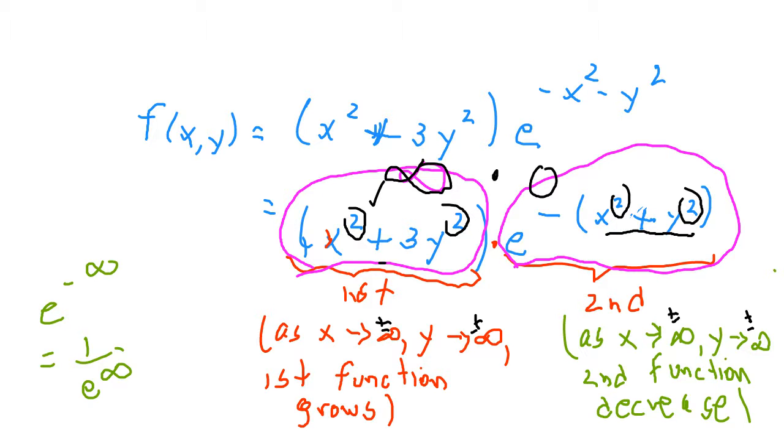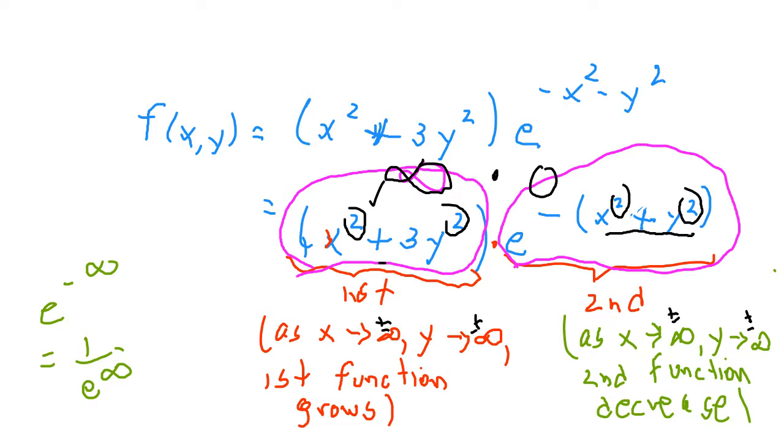Will the first function grow to infinity faster than the exponential function decreases to 0, or will the exponential function decrease to 0 more quickly than the first function goes to infinity? Who's going to win?